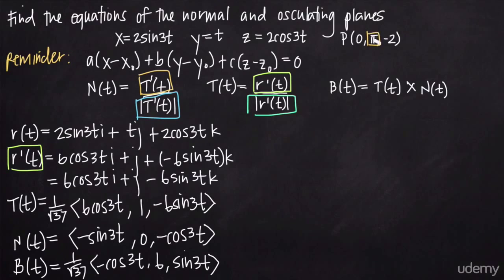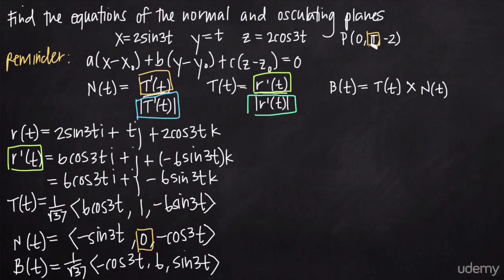The other way that we can see that is by looking at our unit normal vector, capital N of t, and we see that we have this 0 value here as the coefficient on the j component, or it corresponds to the y value of our coordinate point. So those two things both tell us that we're evaluating at t equals pi. If we had been given instead x equals t and y equals 2 sine of 3t, if these two had been reversed, we would have been evaluating at t equals 0.